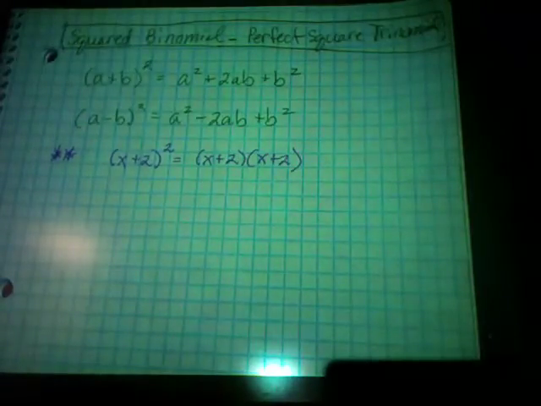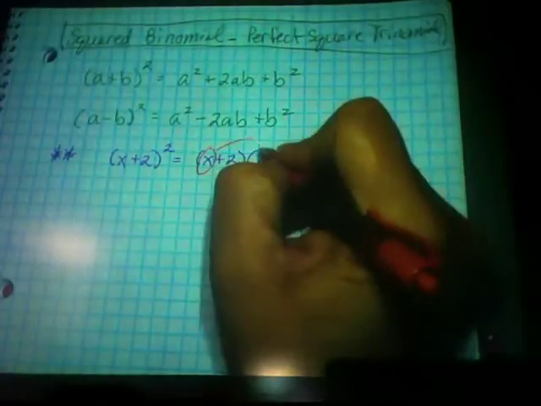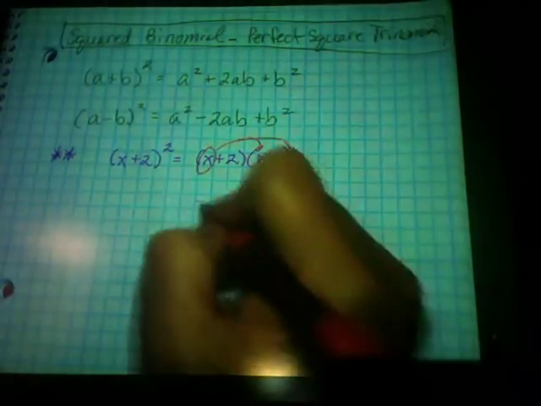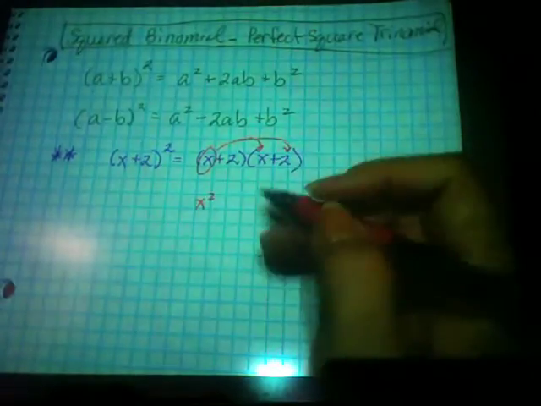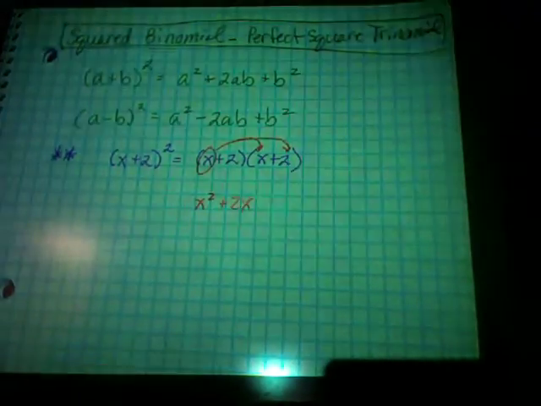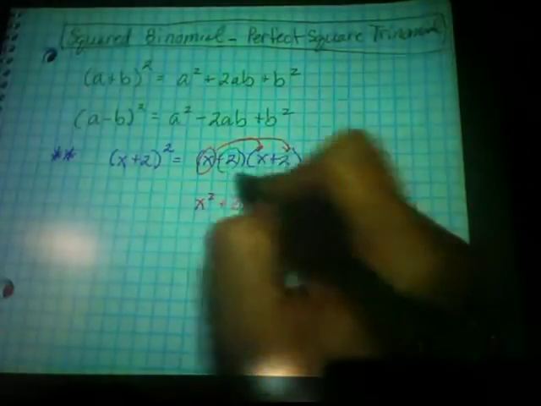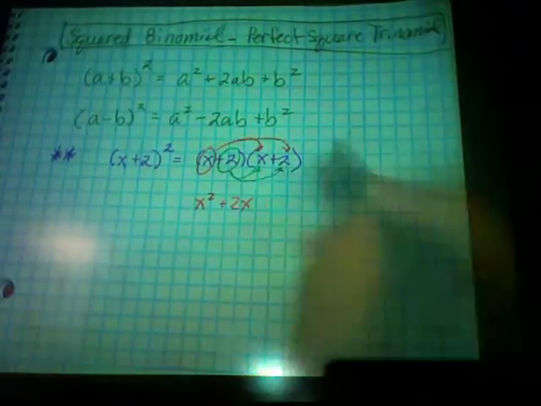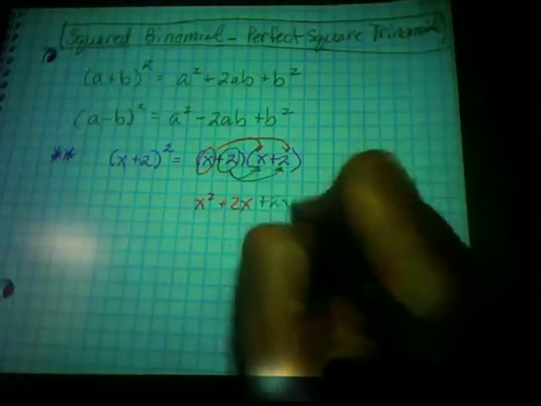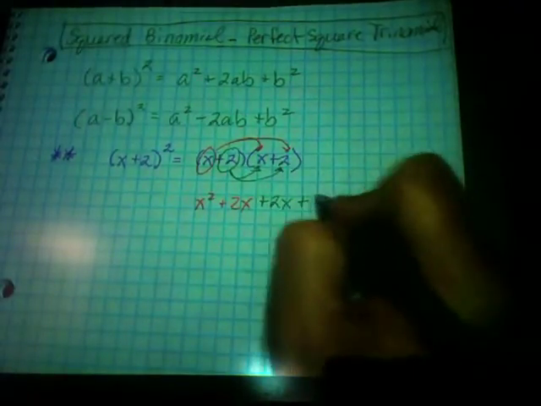So if I double distribute, multiply the x to everything in there, what's x times x? X squared. X times 2, everybody? 2x. And then when I distribute the 2 into the parentheses next door, what's 2 times x? Plus 2x, and what's 2 times 2? Plus 4.